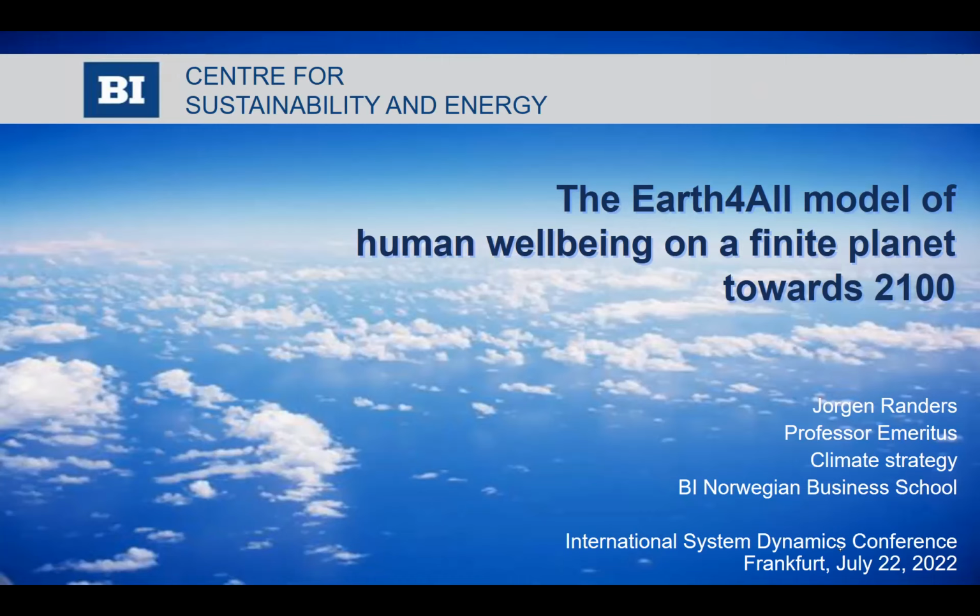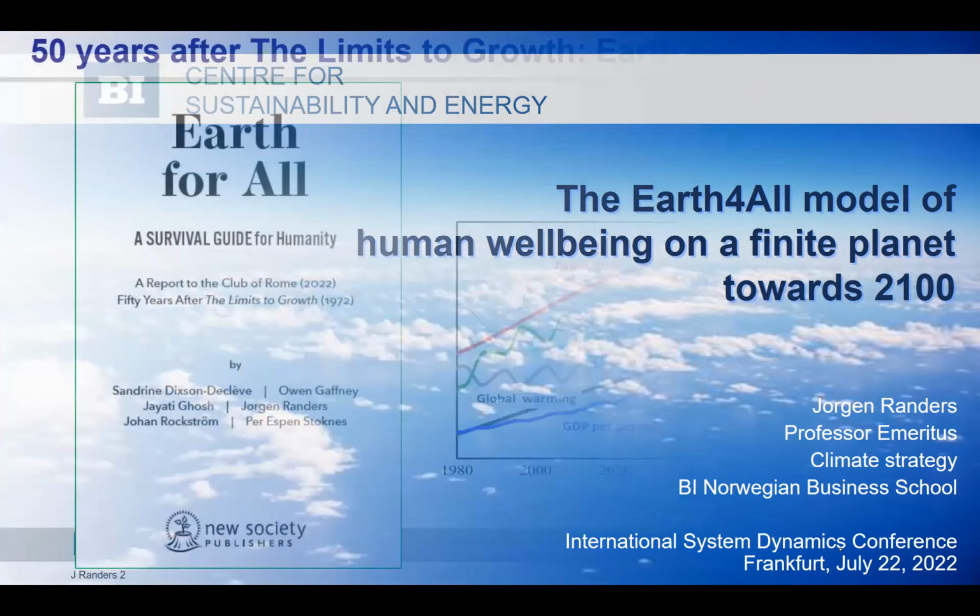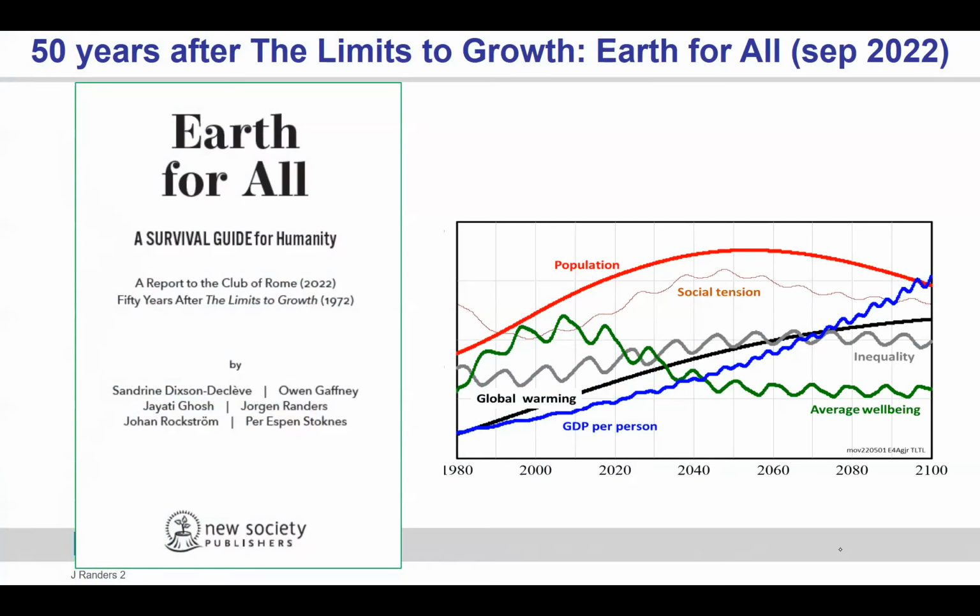My friends and I have written a book, a new report to the Club of Rome, celebrating the 50-year anniversary of the 1972 report called The Limits to Growth, which was actually the first report to the Club of Rome. And this new report is called Earth4All, and it will appear in September 2022.